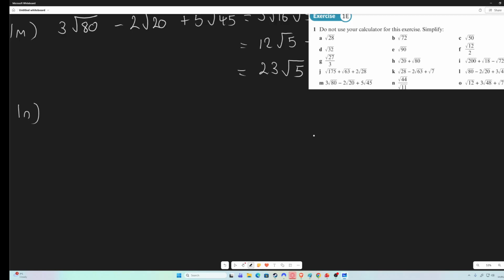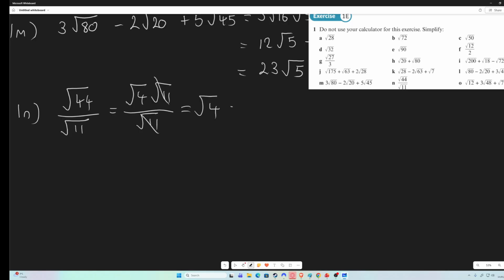1n, we have square root of 44 divided by square root of 11, so that is root 4 root 11 divided by root 11. Well, that's simply root 4 or 2.